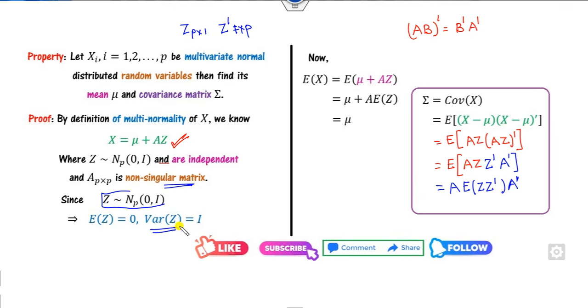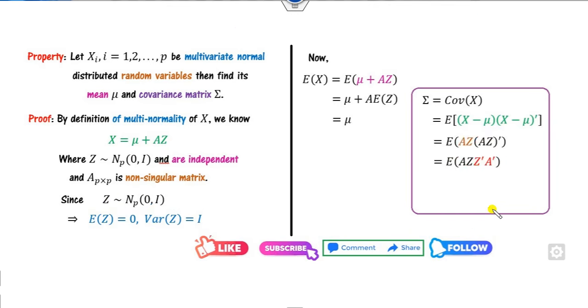So what is the variance of this? If the variance of Z is 1 and expected value is 0, what is the expected value of ZZ transpose? I can find it from the variance plus expected value of Z whole square, which comes to be I. So that means A I into A transpose. I is the identity matrix, so this is A into A transpose.